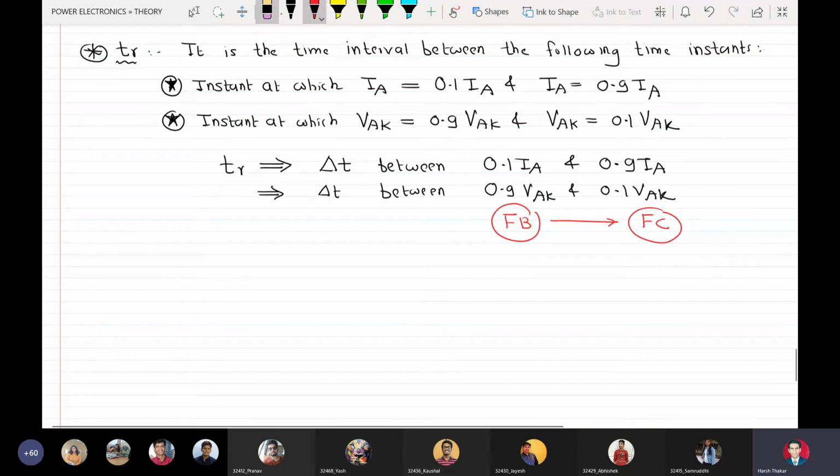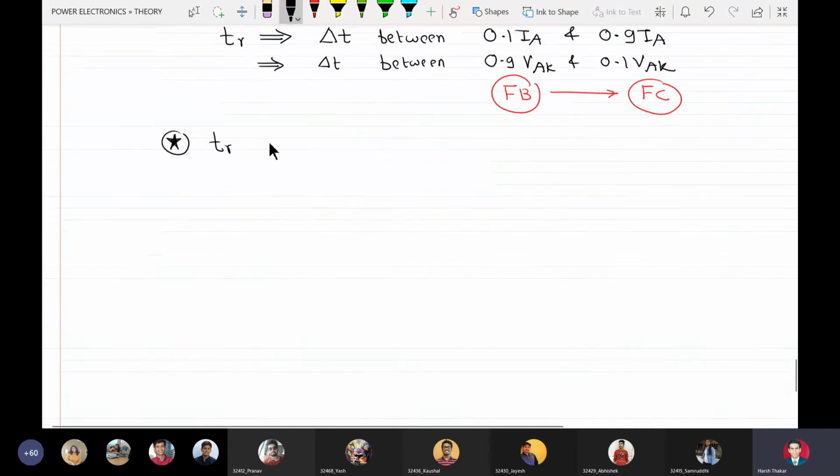Now one important technical detail is the rise time is inversely proportional to the magnitude of gate current.